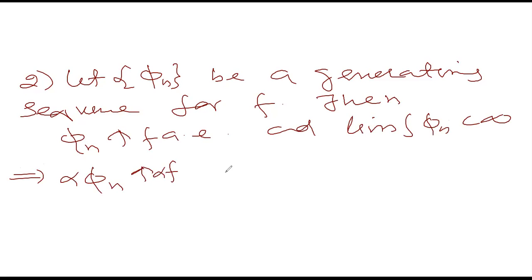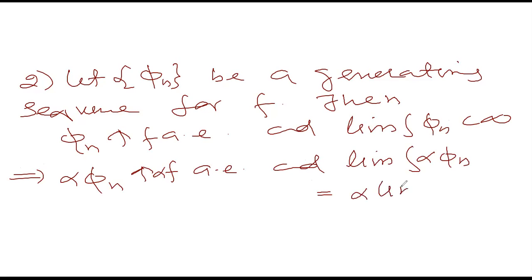It holds almost everywhere, and the limit of the integral of alpha phi n, which is alpha times the limit of the integral of phi n, as done for step functions, is finite, where alpha is greater than or equal to 0. So alpha cannot be negative, because otherwise this will not be an increasing sequence.